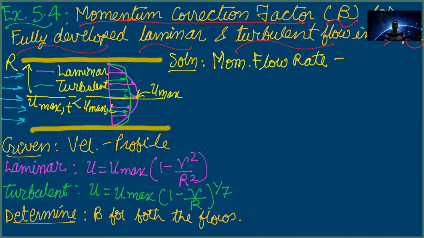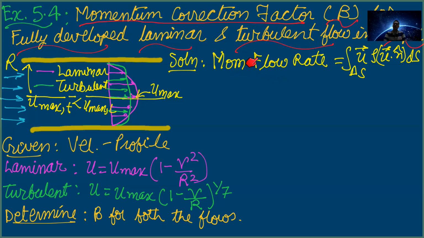Now let me introduce the momentum correction factor by presenting the momentum flow rate from the Reynolds transport theorem. The momentum flow rate is a product of mass flow rate and velocity.